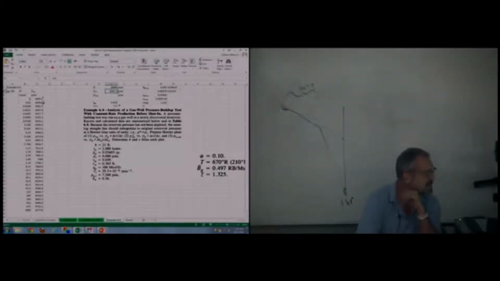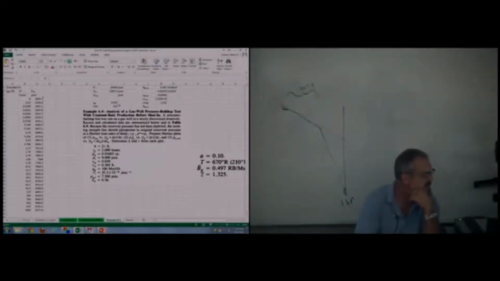We do PWF. At time 0, our gauge is in the hole, and our flowing pressure at time 0 of the shut-in, at time 0 it's still flowing. That's an instantaneous point between when it was flowing and when it was shut in. So we do know the flowing pressure. H is 21.